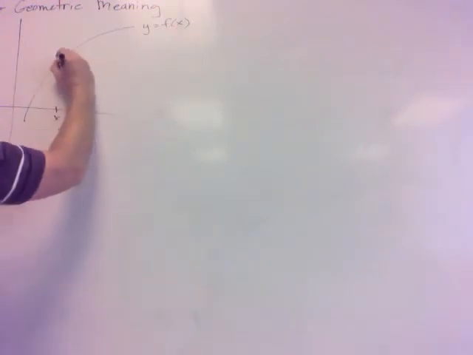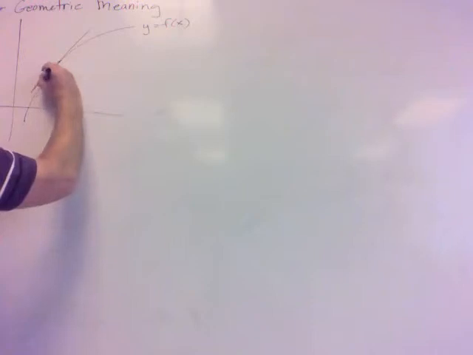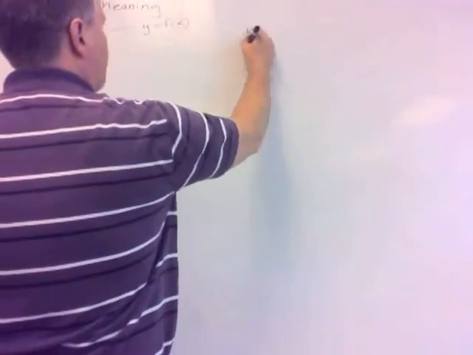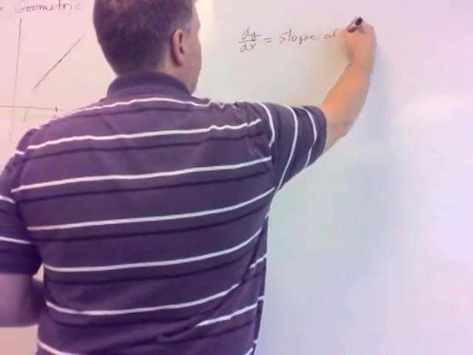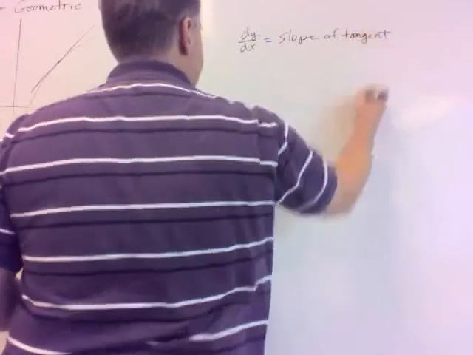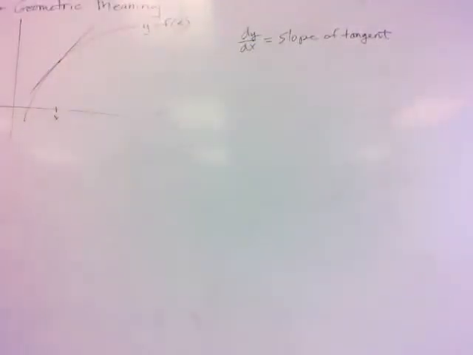All right, and then I'm coming in here at some x value, and I'm going to draw my tangent line there. Somebody tell me what dy dx is to that. What does dy dx mean there? What's the geometric meaning of dy dx? Isn't it the slope of the tangent? It's the slope of the tangent.